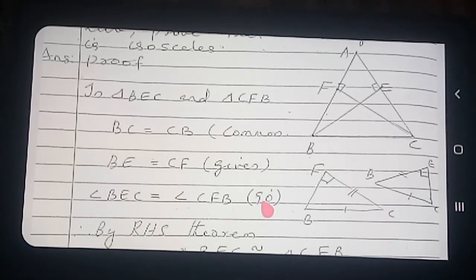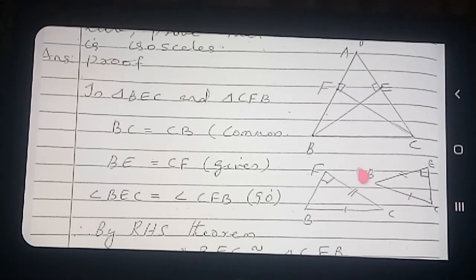90 degrees each. Therefore, which theorem can you apply here? R, right angle came; H, hypotenuse came, that is this is the hypotenuse; and S, one side also came.